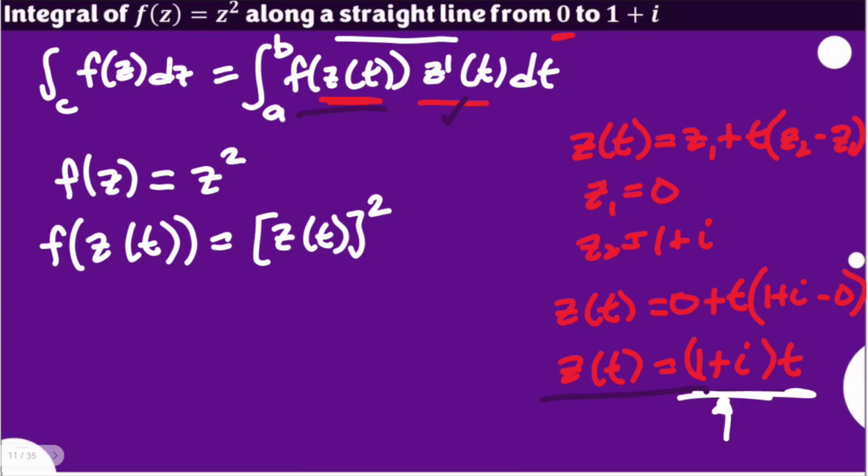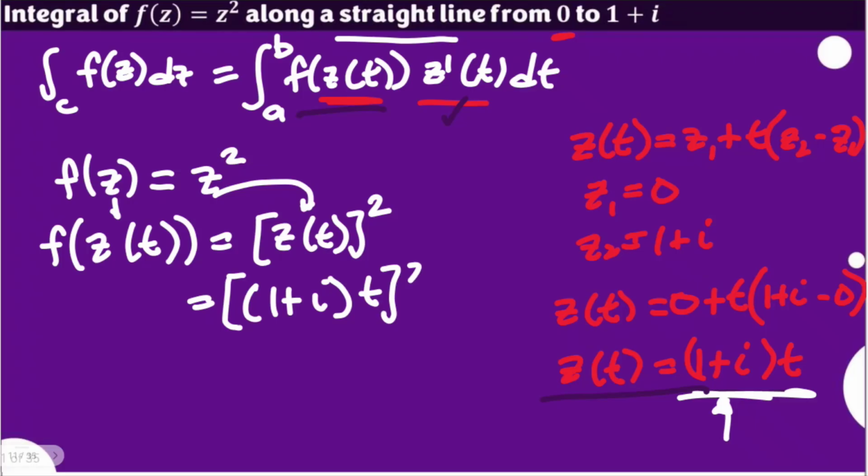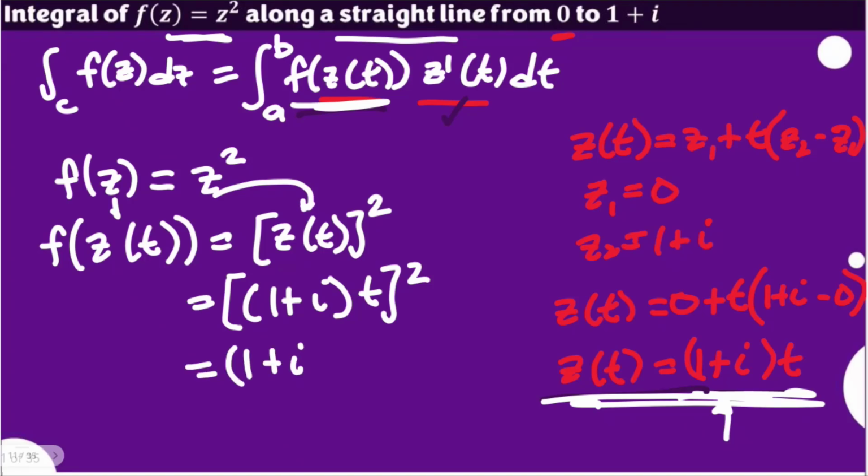Take note, we are just changing the expressions there. And what was z of t? It's the entire expression here, 1 plus i times t, and you're squaring that, because that is how you defined your function. So basically, you have here 1 plus i squared t squared.